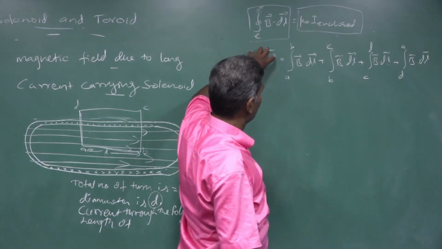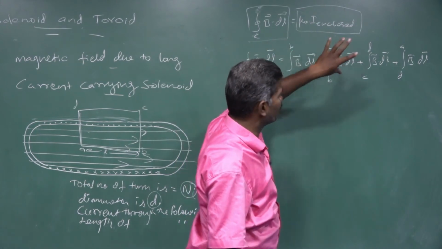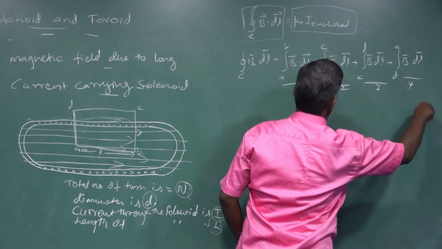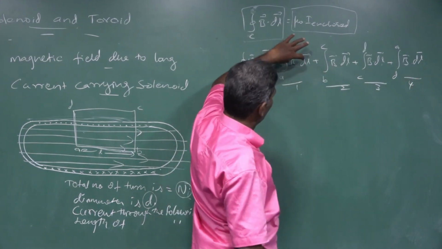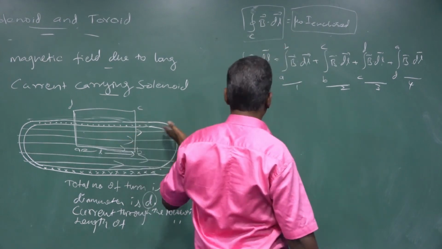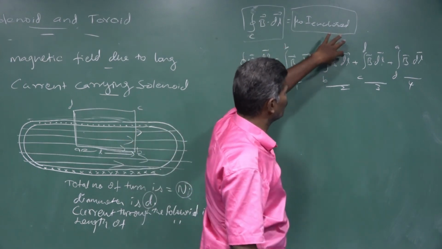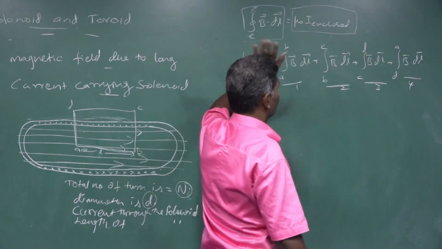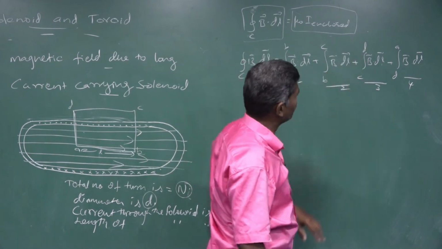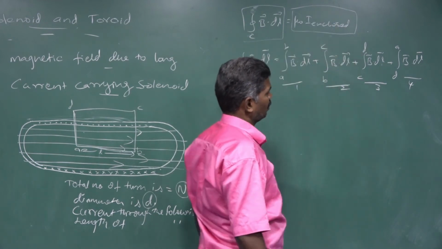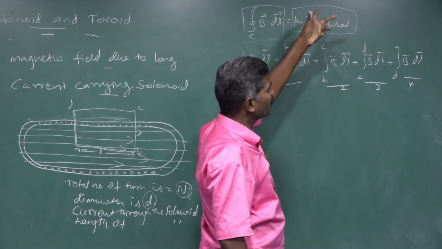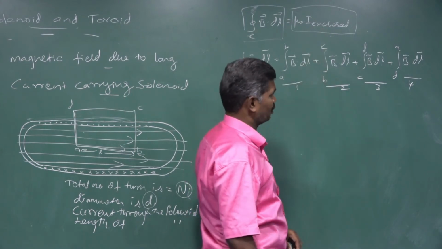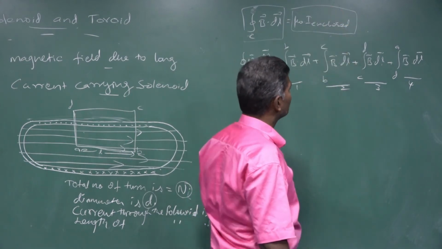So the closed integral can be split into 4 parts: 1, 2, 3 and 4. Here 1 is inside, along the axis, but 2 and 4 are perpendicular to the axis, and the third one is outside the solenoid. According to Ampere's Circuital Law, outside we do not have a current.